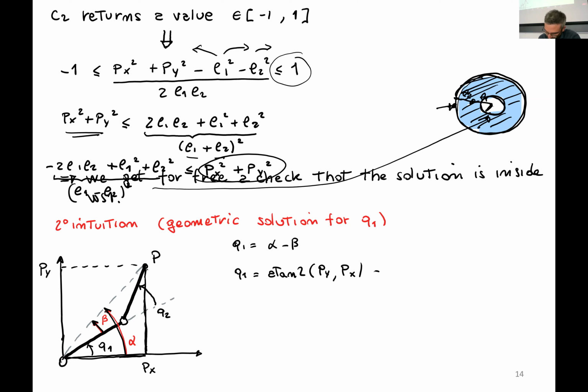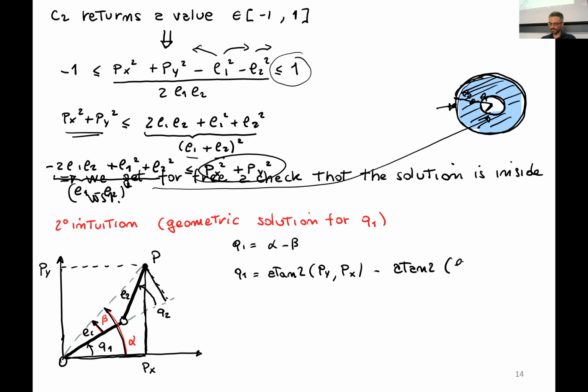While for the angle beta, we can do something similar with this component, that is, this is L2 and this is L1. How does this component look like?